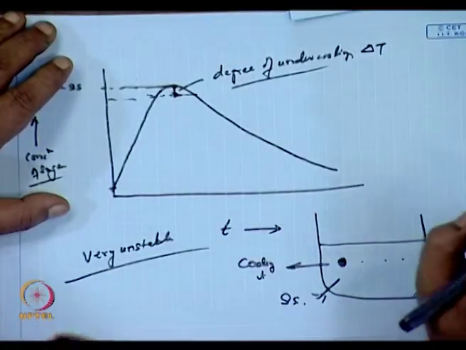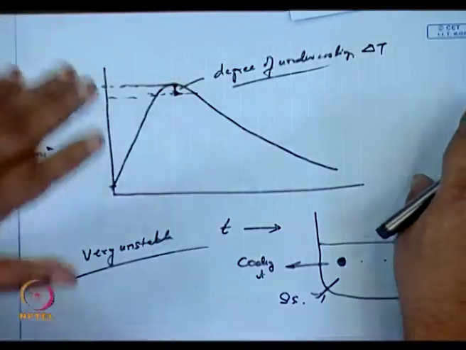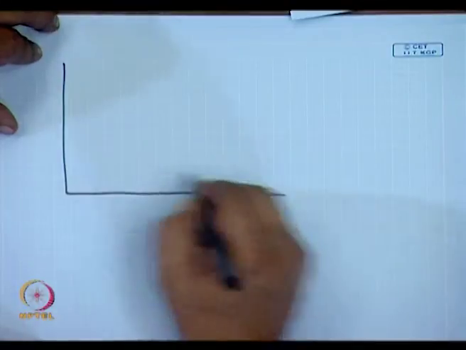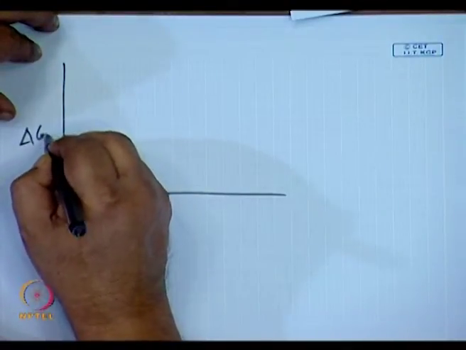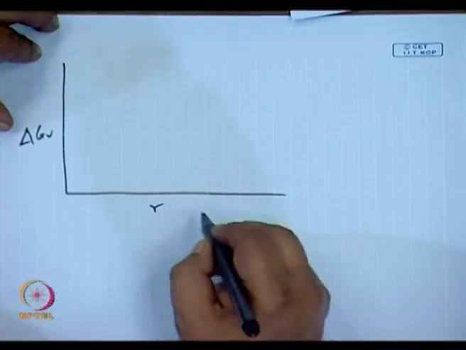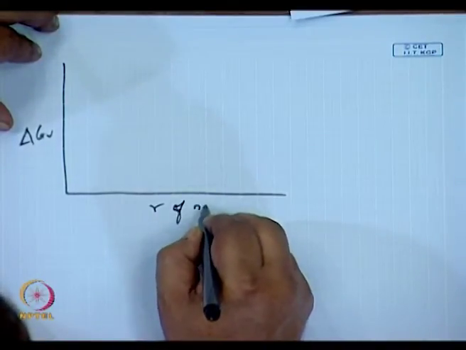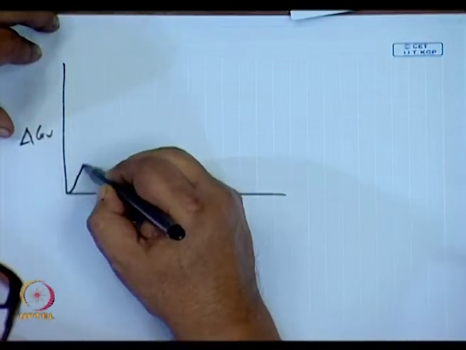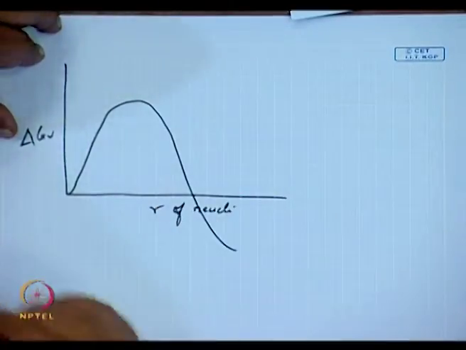This dissolution and formation of a larger nuclei goes on. What happens is, I can draw a graph of del GV versus radius of the nuclei. And the graph would be something like this.